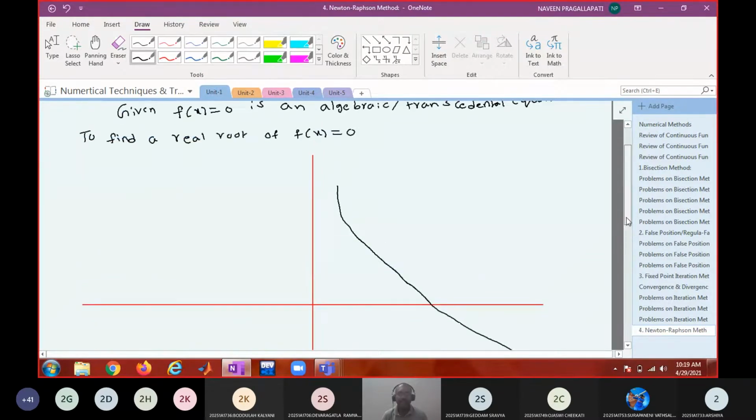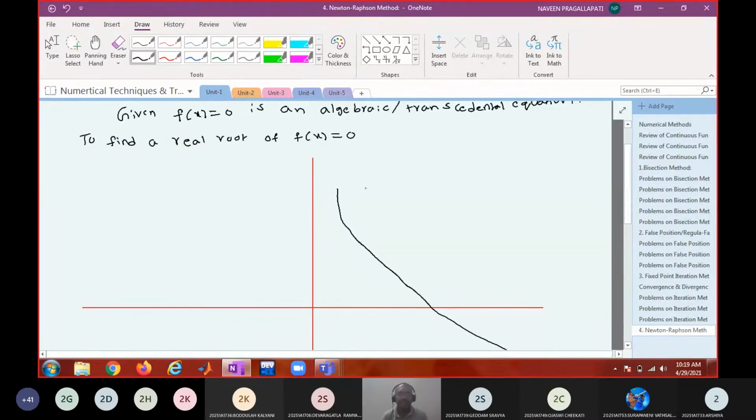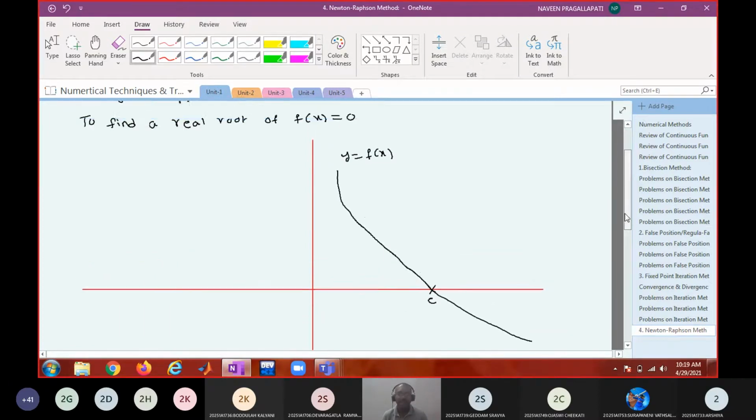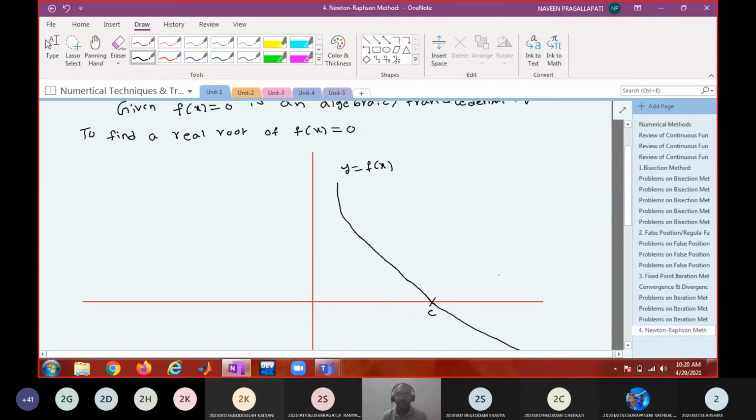Okay, so let us say this is the graph of the function. So the graph y equal to f of x is crossing the x-axis at this point. Let us say c. This is where the exact root lies for the equation f of x equal to 0. Okay, so this is the x-axis, this is the y-axis.